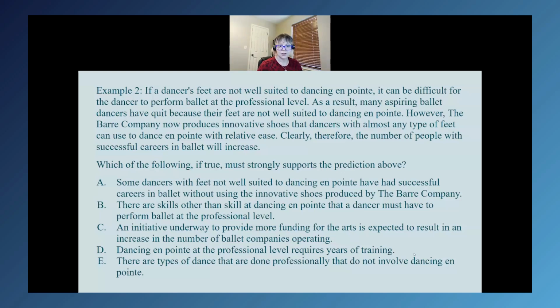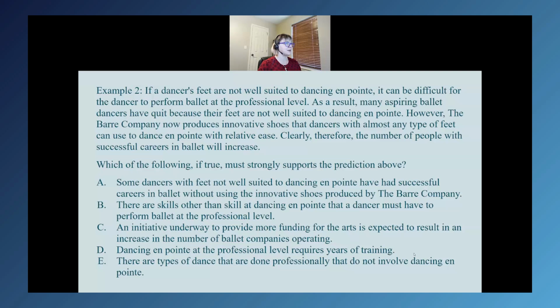Doesn't A prove that the dancers who quit were actually legitimate to be professional dancers, so the shoes will help more become professional? The problem with A is it's talking about some dancers were able to pursue successful careers in ballet without using the shoes, but some dancers is just not a specific amount. That could be one dancer. That could be two dancers in all of the world.